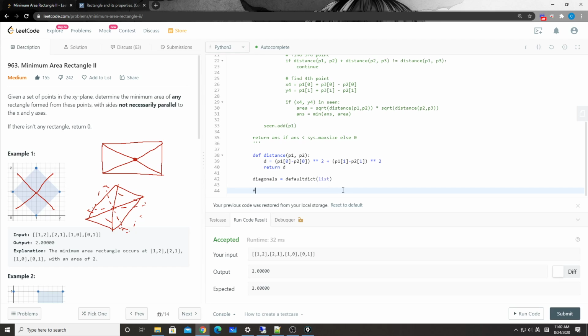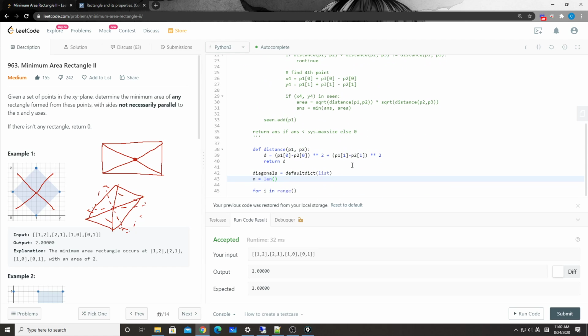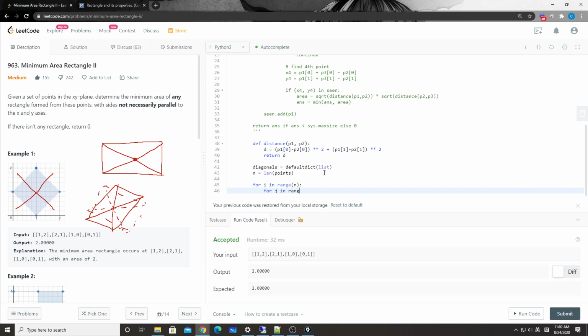So for i in range the length of the points here, for j in range i plus 1 to n. That's how we iterate over all the combinations of 2 points.